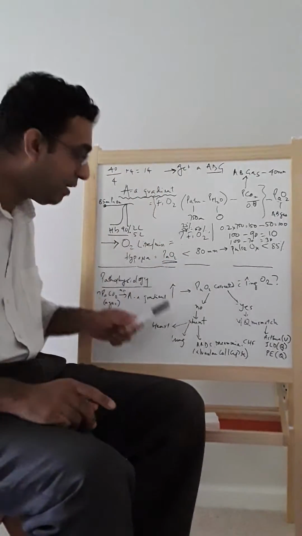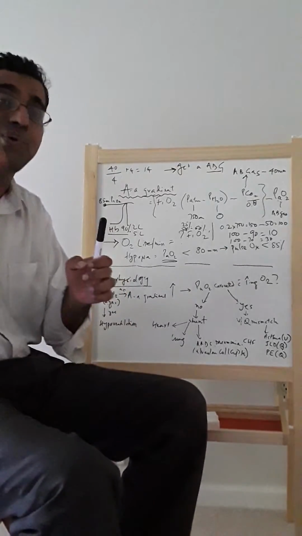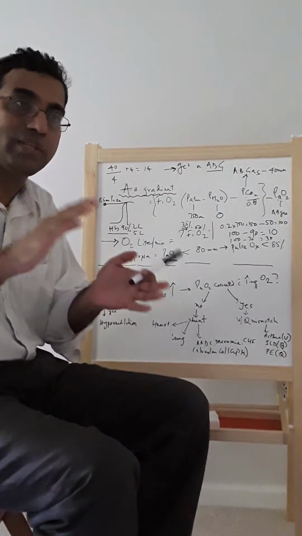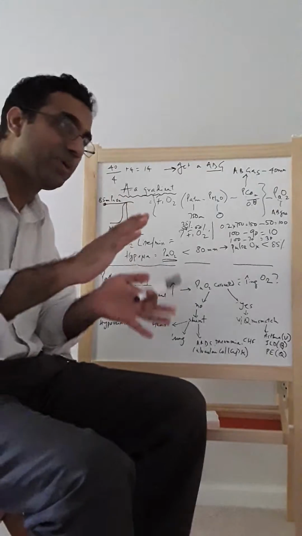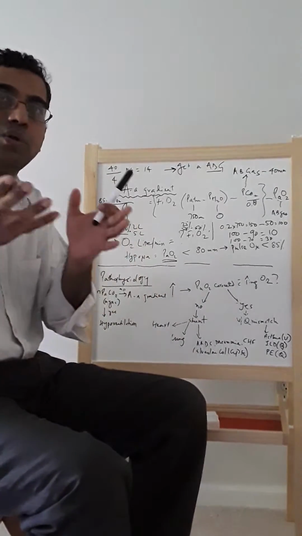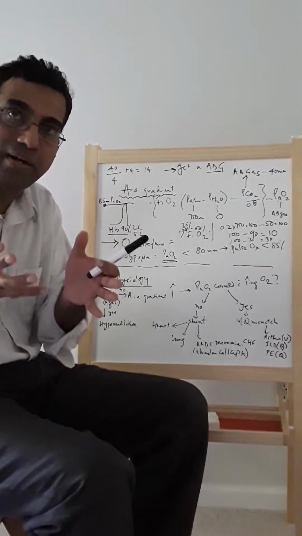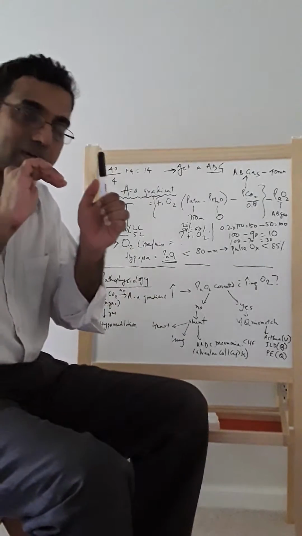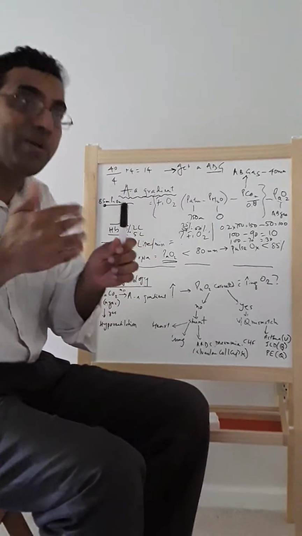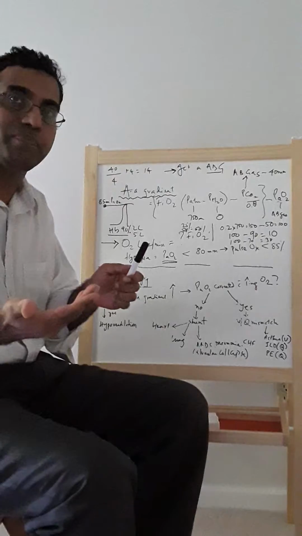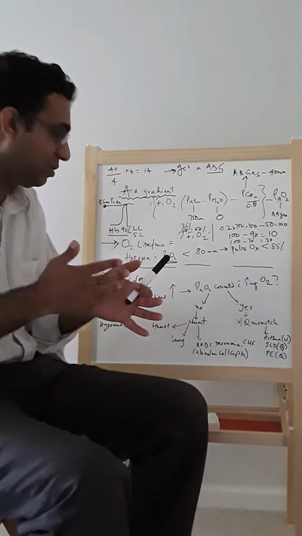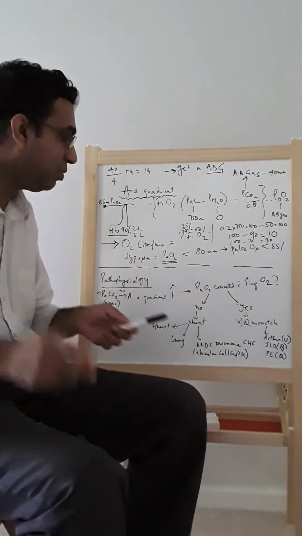That means that the blood does not reach the alveolo-capillary membrane for the exchange of carbon dioxide and oxygen to happen. When that happens, non-oxygenated blood and carbon dioxide rich blood will continue to flow through the system because oxygen is not being exchanged for carbon dioxide. And the only mechanism that can do that is a shunt.